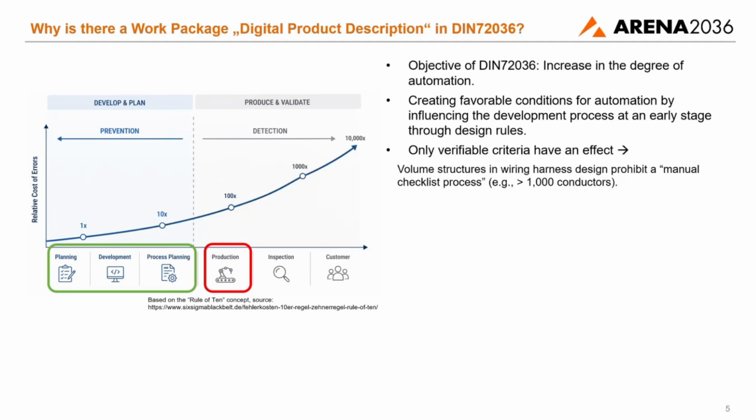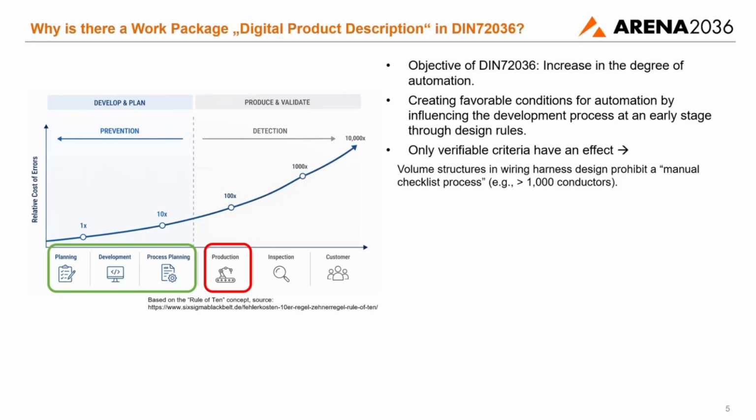So if you have heard that there are rules, for example, for wire length, if you have to go manually through your product and check every wire if the criteria are met, that is not feasible, especially if you think that the wiring harness development process is a process that is very change oriented.